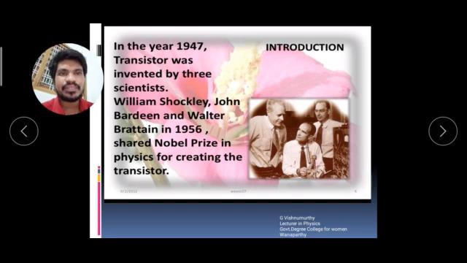That's why nowadays and in future generations all electronic equipment depends majorly on the transistor. That's why the above 3 scientists got the Nobel Prize in Physics.